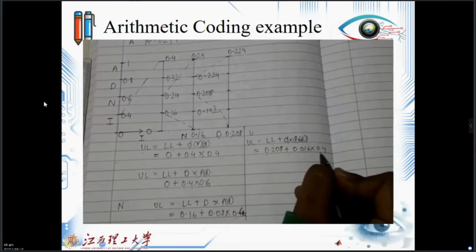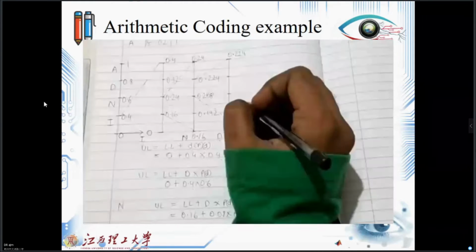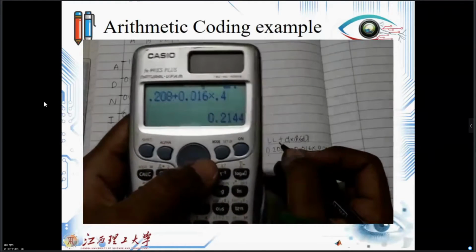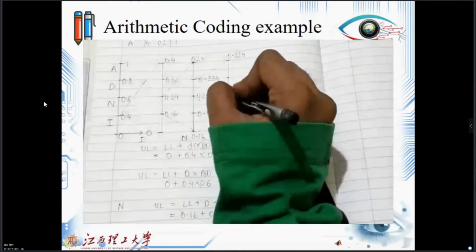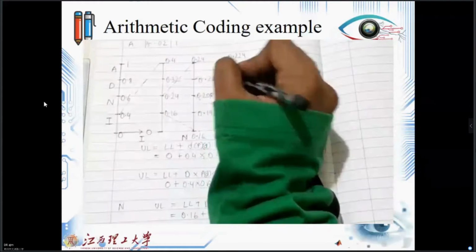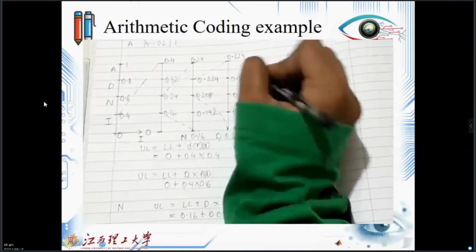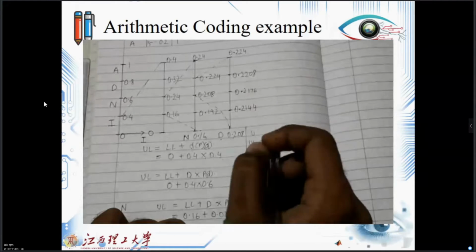And for the word T, it's calculated. And do the calculation that you can see. Then the next word is I, that should be calculated.